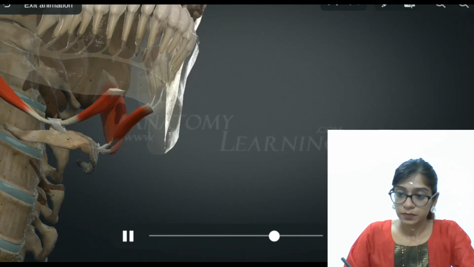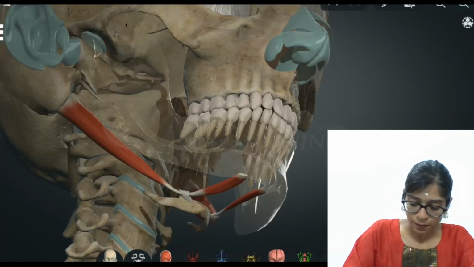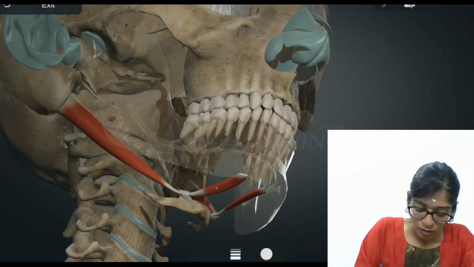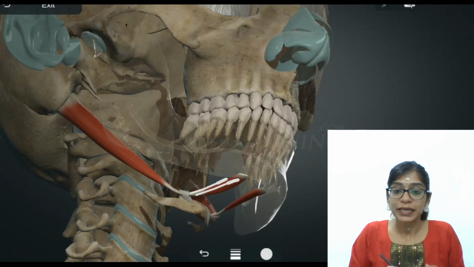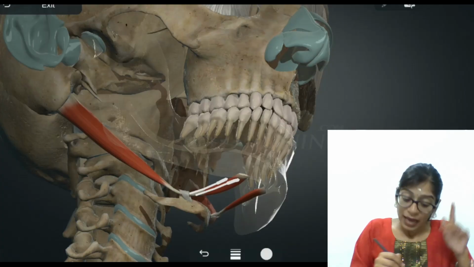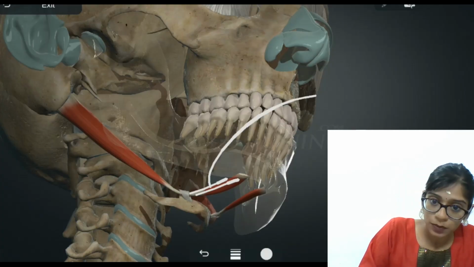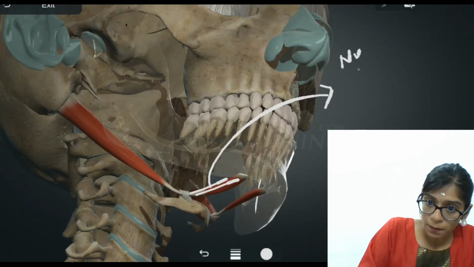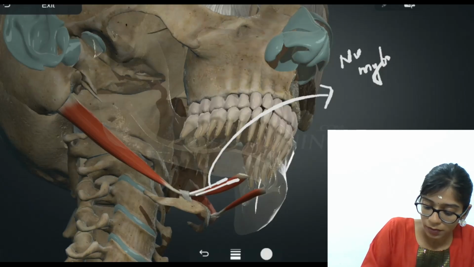One second. Okay, look here. This is the anterior belly of the digastric muscle. The anterior belly is supplied by the nerve to mylohyoid. Mylohyoid.